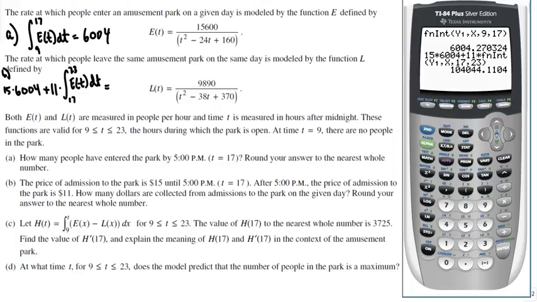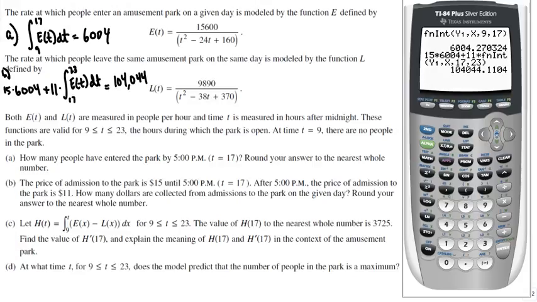And when I run that, I end up with $104,044, and that's rounded to the nearest whole number. So that would be their revenues for that day.